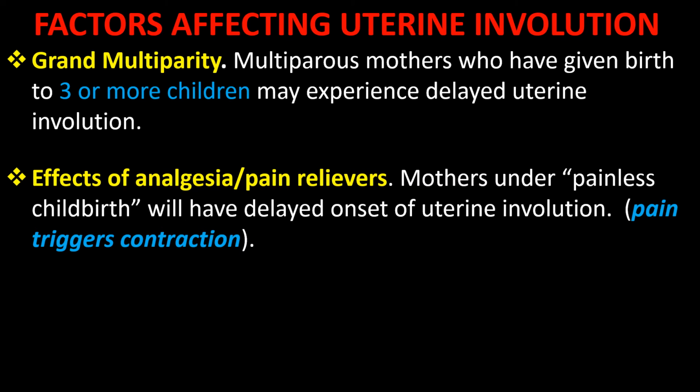Bakit kaya? Always remember that pain or prostaglandin triggers contraction. So the more pain na nararamdaman ng nanay, the more din na magko-contract si uterus. Pero since si mother nabigyan siya ng painless, nag-undergo siya ng painless childbirth, ibig sabihin manhid yung kanyang uterus. So kung manhid yung kanyang uterus, walang pain na nandun, walang magti-trigger for it to contract. So sometimes effects of analgesia and pain relievers can also prolong the uterine involution.